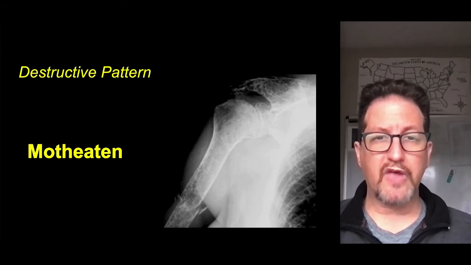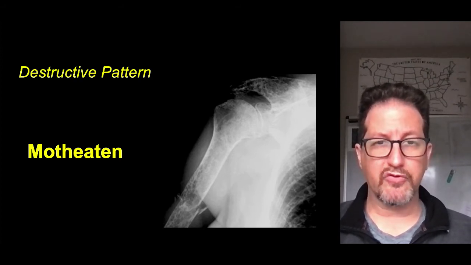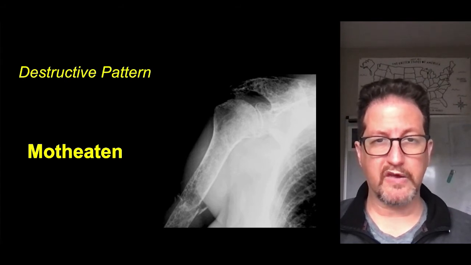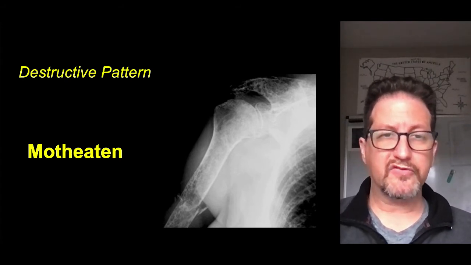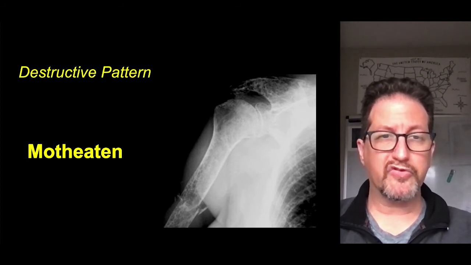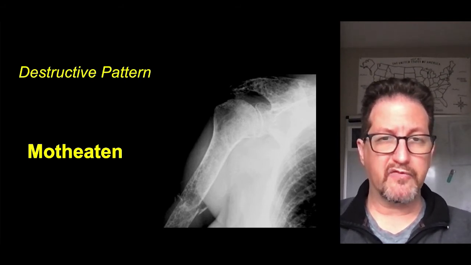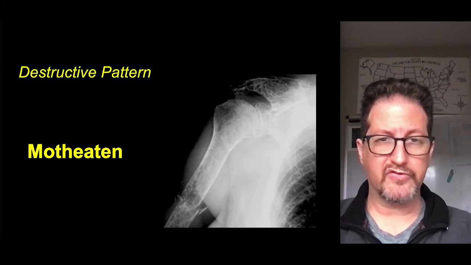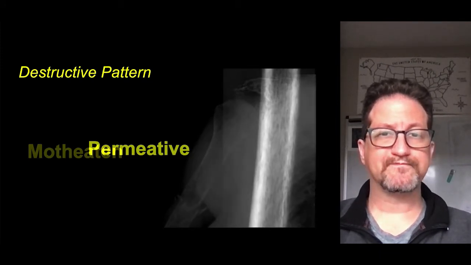And then you can also see the pathologic fracture of the humerus in this particular case. Now, in some cases, moth-eaten and the other version, which is worse than this, permeative, are going to be together at the same time, and we'll look at that in a minute.